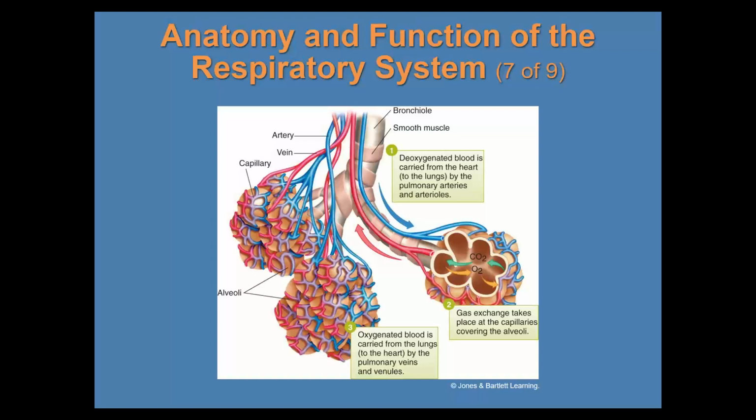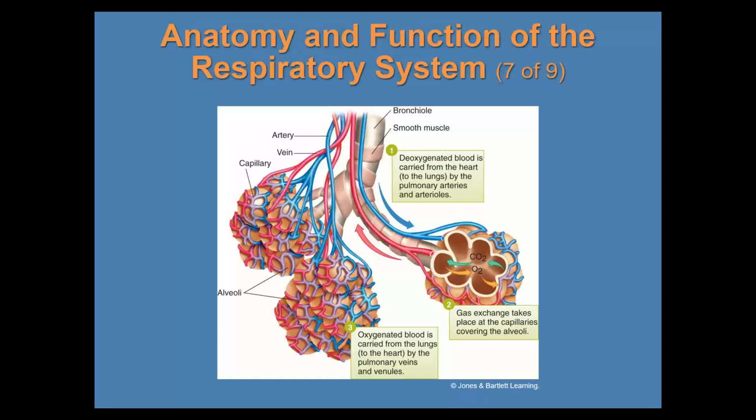Now here it wants to get oxygenated, so it's just half of the pumping process, right? It pushes it to the lungs, down into the alveoli. Every time you breathe, that's oxygenating that blood.